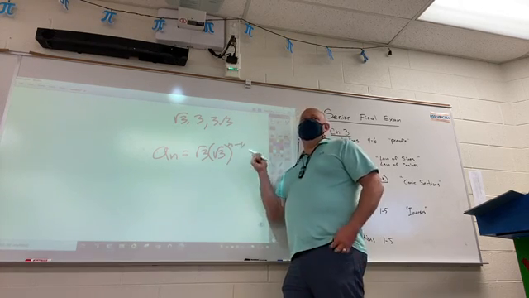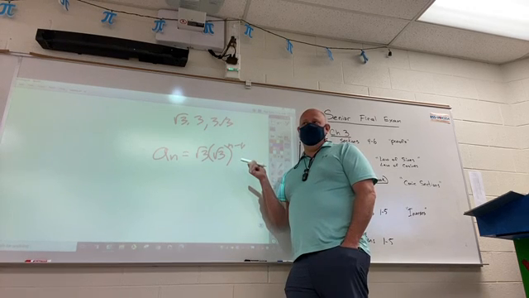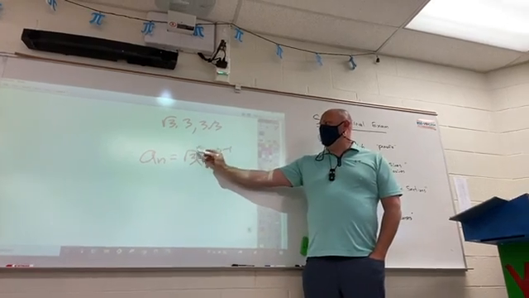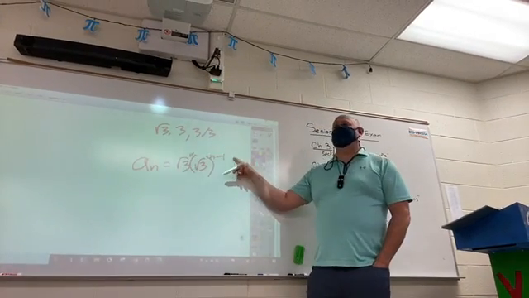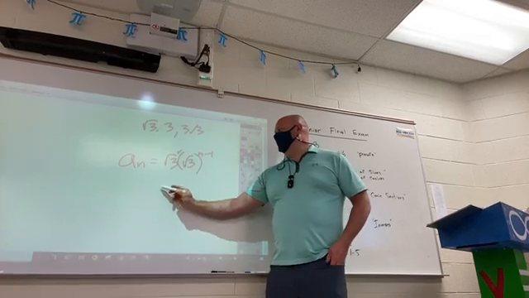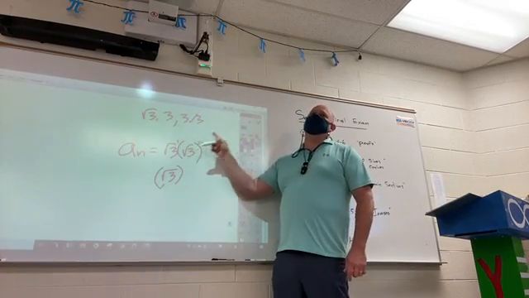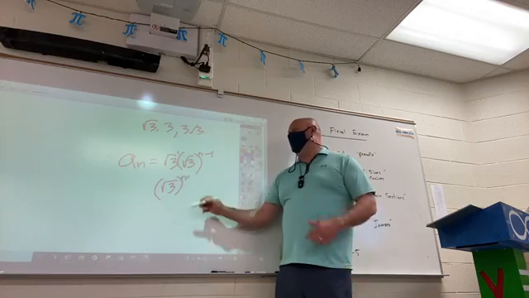So, can this one be simplified? Yeah. So, I mean, you could think like this is also raised to the 1 power, so now I can add my exponents, which would be the square root of 3 to the 1 plus n minus 1, which would be to the n power.